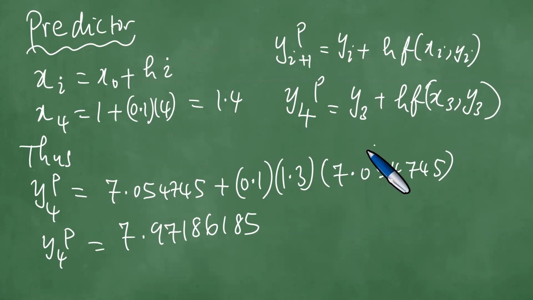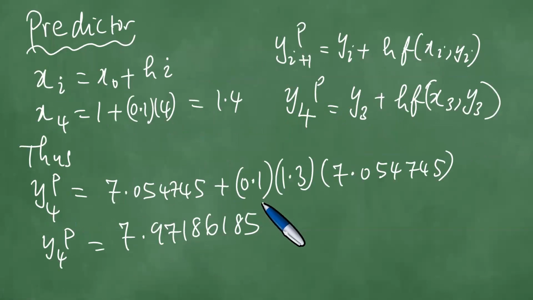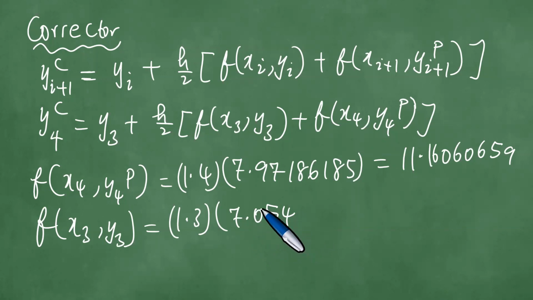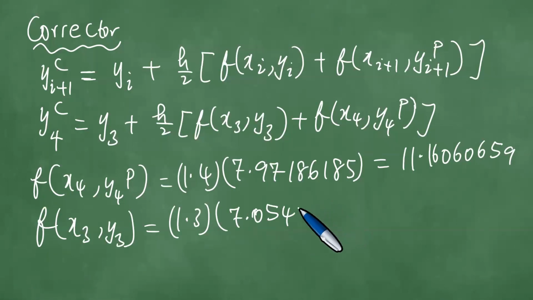We had y3 to be 7.054745, that is the y3 that we used. Okay, let's get the answer to this.